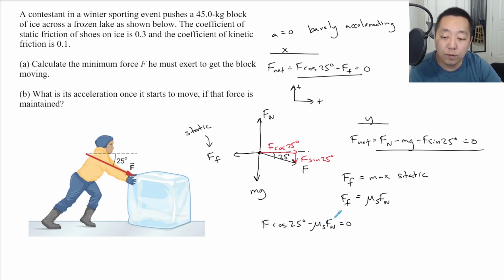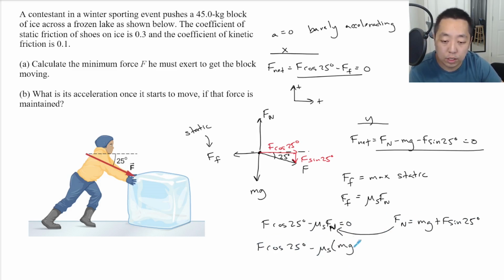But I can solve for what Fn is. From the y equation, Fn is equal to mg plus F sine 25 degrees. So I can plug that in, and I have F cosine 25 degrees minus mu s times mg plus F sine 25 degrees equals 0.